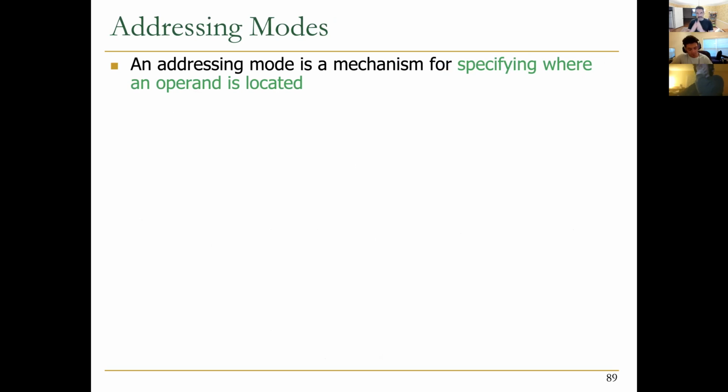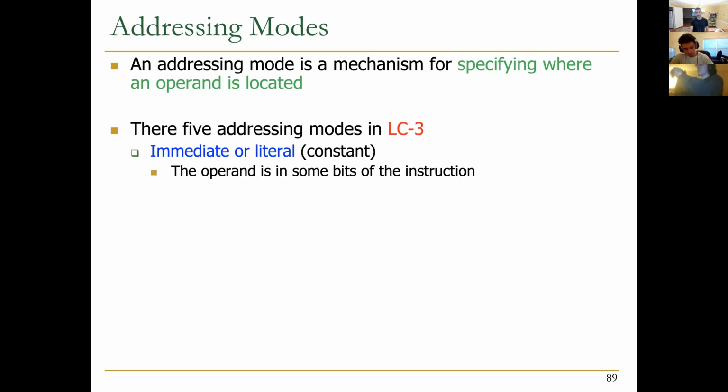So that was the data type. So far we had operation, also data type. Now addressing mode. Addressing mode is also a mechanism for specifying where the operand is located, right? In LC-3 we have different addressing modes, particularly five.